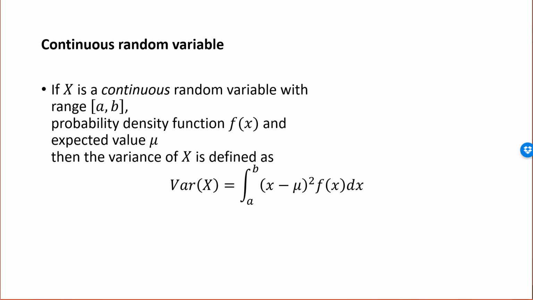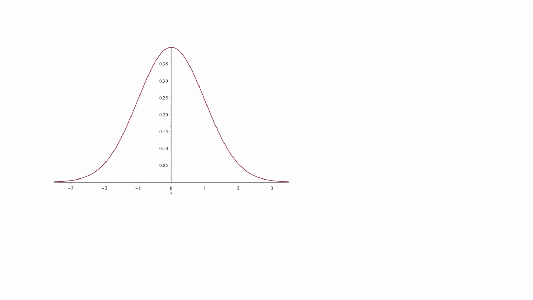For a continuous random variable, we can visualize the variance using the PDF. This is the PDF of the standard normal. The weighted average, or the expected value, is 0 because of the symmetry. So mu is 0.